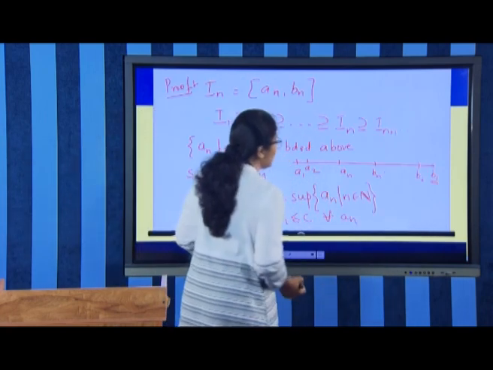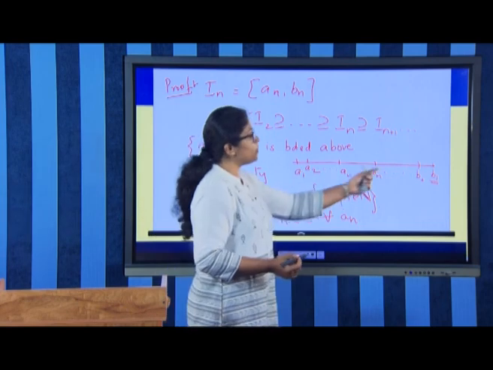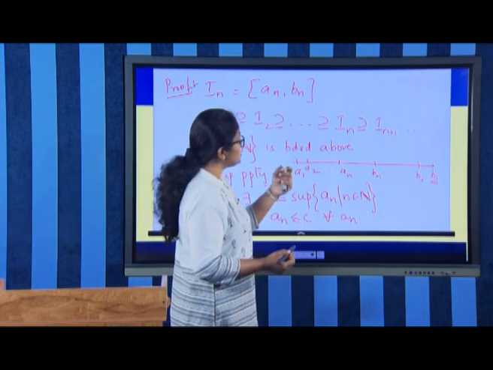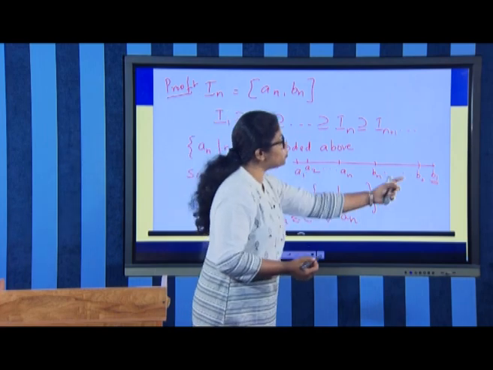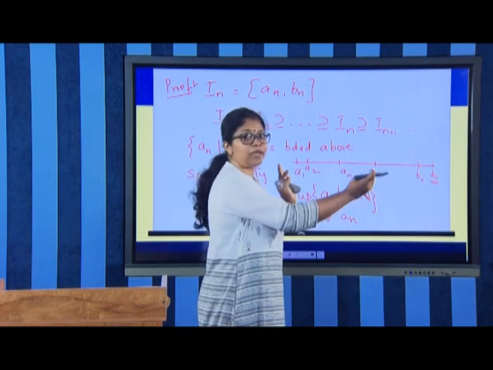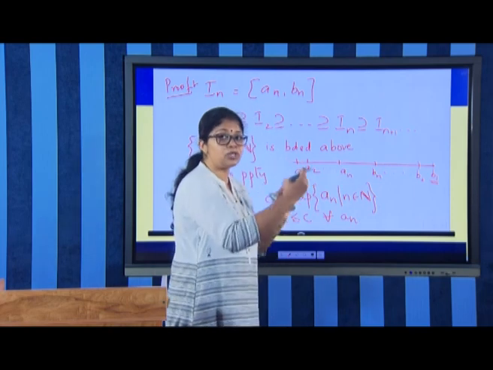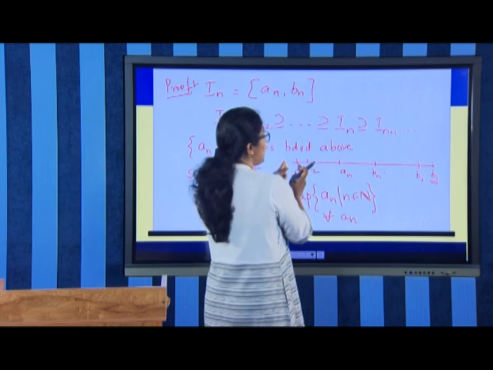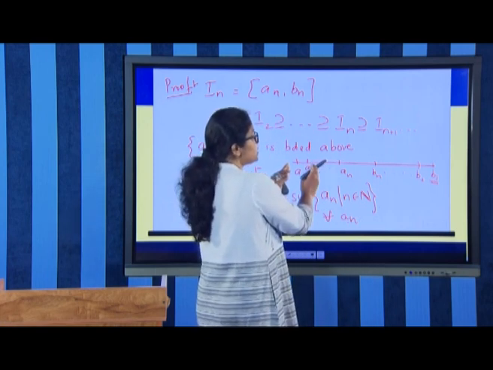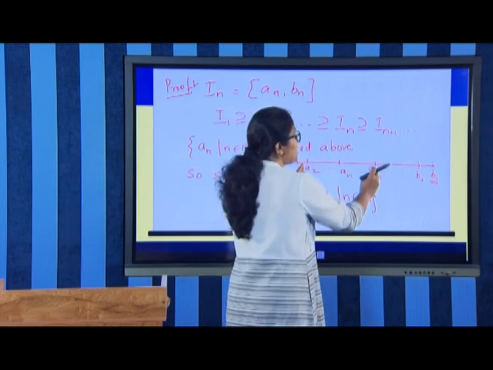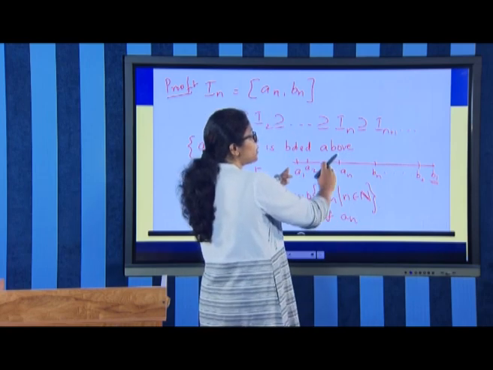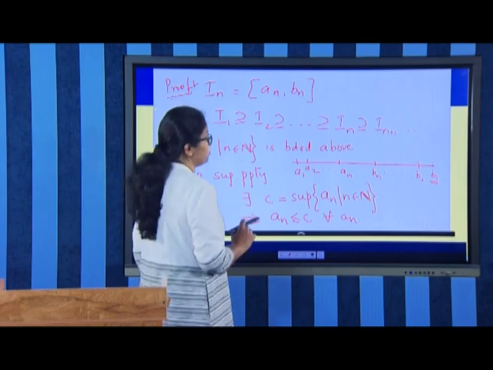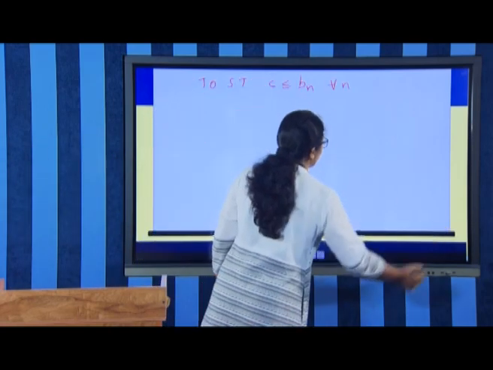We have A1 less than or equal to B1 definitely, and since these are nested intervals, [A2, B2] is contained inside [A1, B1], but we have to ensure that B2 is an upper bound of A1 and A2. Similarly, Bn is an upper bound of A1, A2, up to An. That is what remains to be proved.